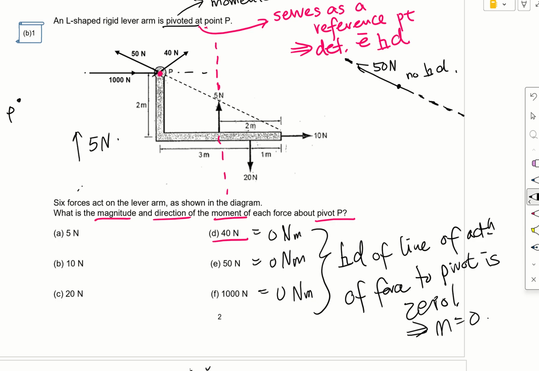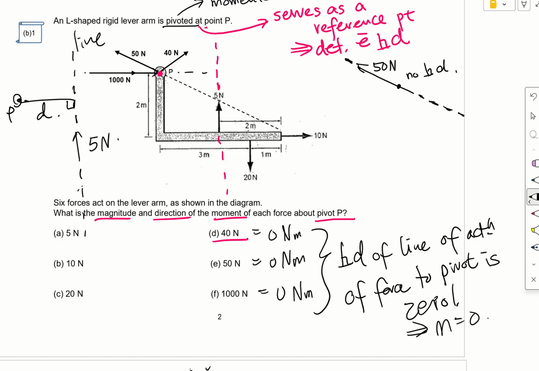I try to draw it as close to the diagram as possible. I have my line of action of the force. The difficult thing that students face is finding the perpendicular distance. So this is the point and this is the line. The shortest distance will be the perpendicular distance.